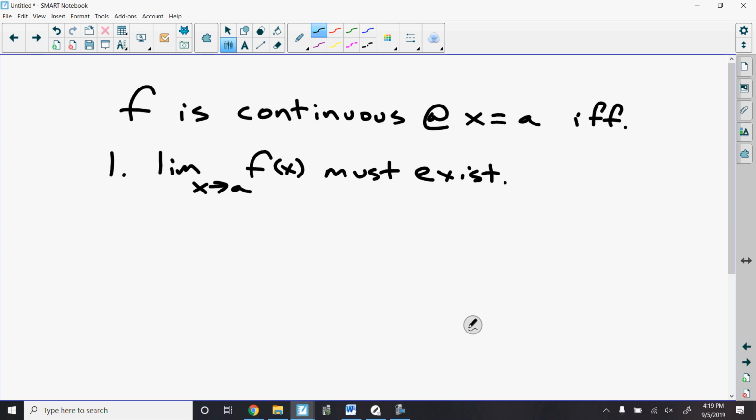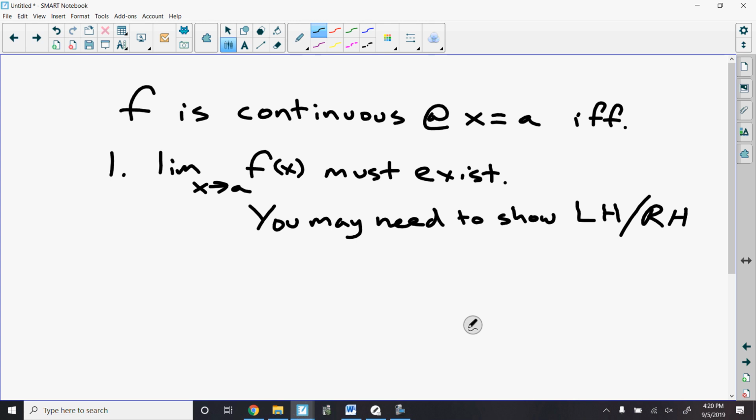If I give you a piecewise function that splits at a number, like in the problem you'll see coming up, the piecewise splits at 2, so there's a different function for x less than 2 than there is for x greater than or equal to 2. To prove that the limit exists there, you're going to have to show left-hand, right-hand limit notation.